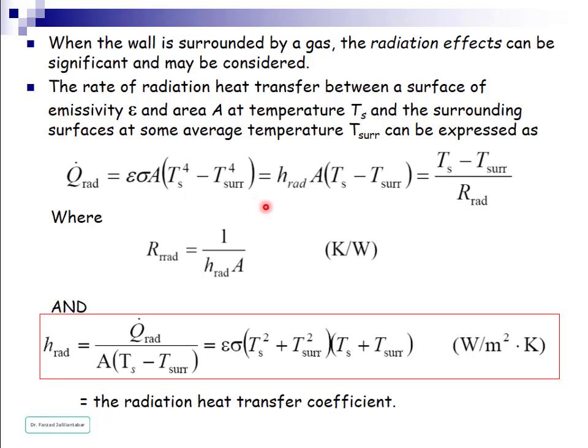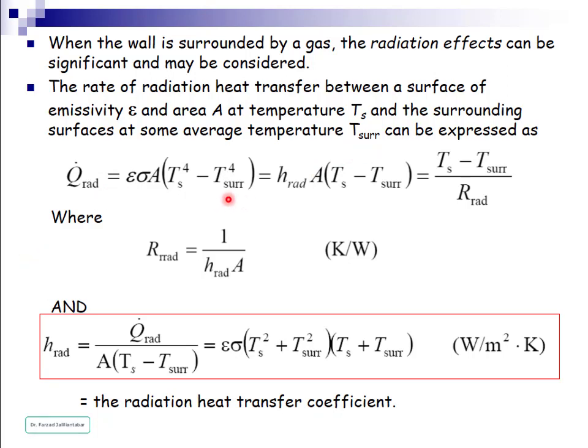In that case, the rate of radiation heat transfer between the surface of emissivity epsilon and area A at temperature of Ts and a surrounding surface at some average temperature T surrounding can be expressed as follows.